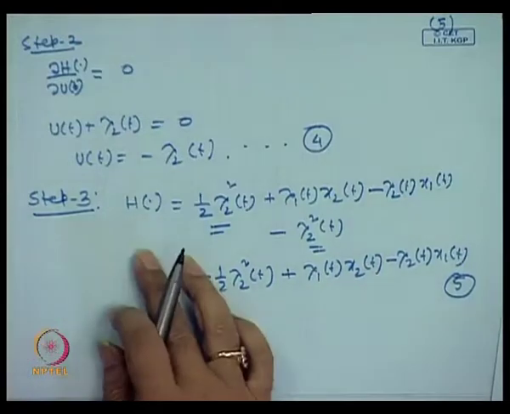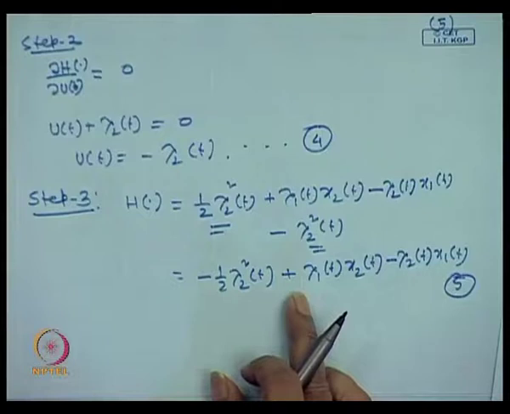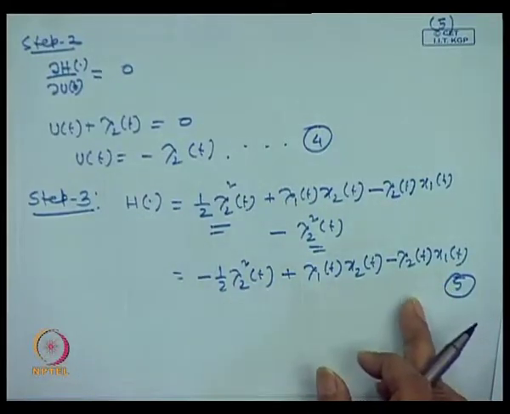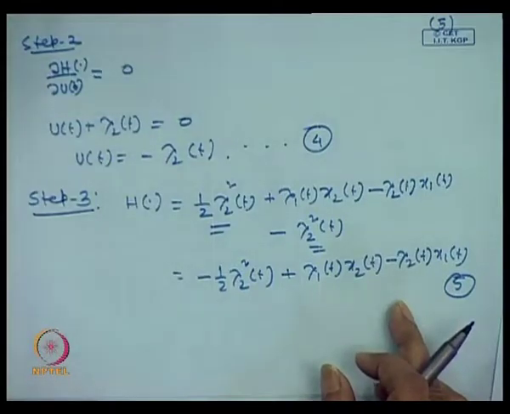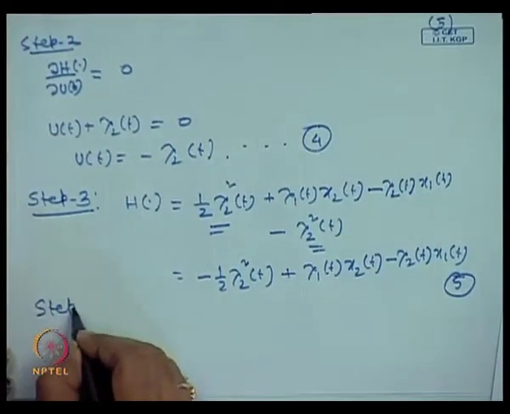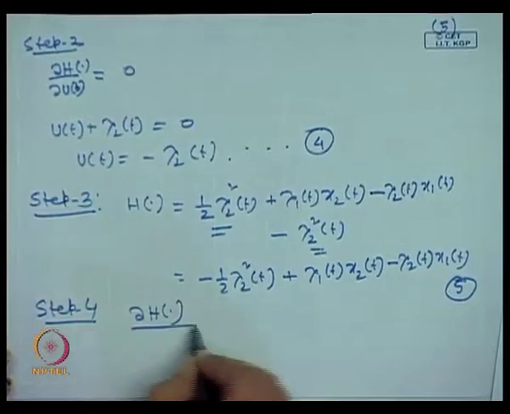Now, what is the way to do it? We have to find del H del lambda and del H del x, so that both the state and co-state equations can be written now. Next is step 4: del H del lambda.